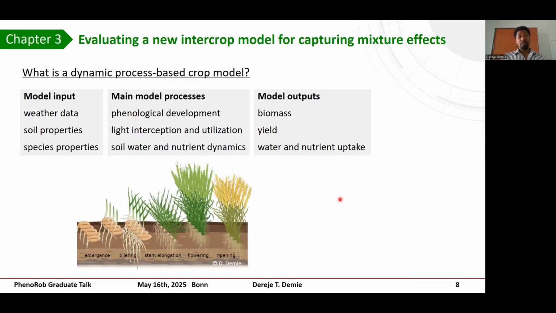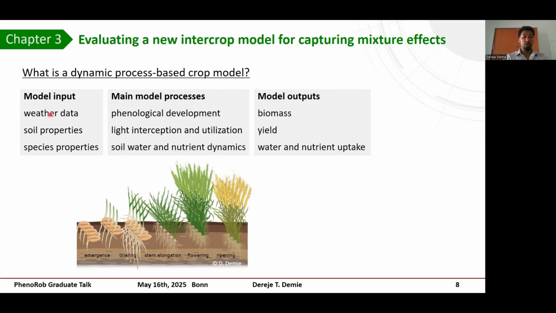The model I'm talking about today, the model I used in my PhD work, is a dynamic process-based crop model, which is a computation or simulation of crop growth and development in relation to environmental conditions, based on agronomic principles. The model has input data, considers plant processes, and produces outputs.